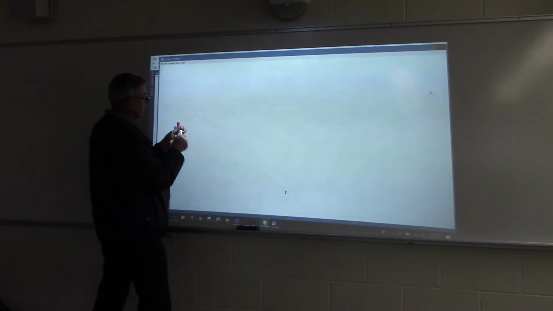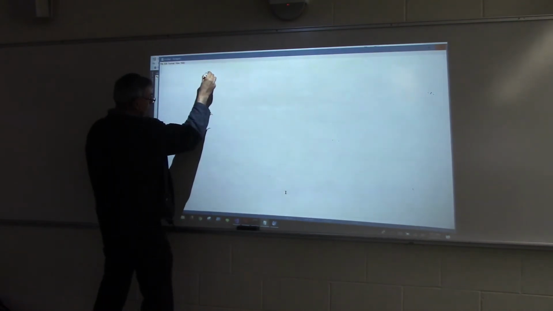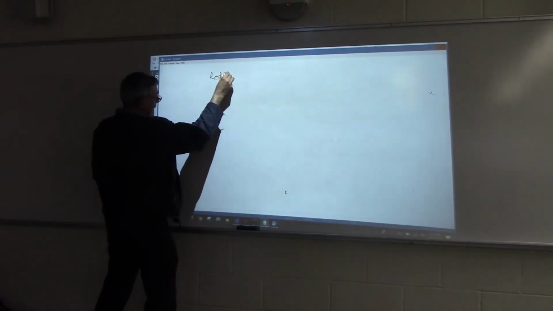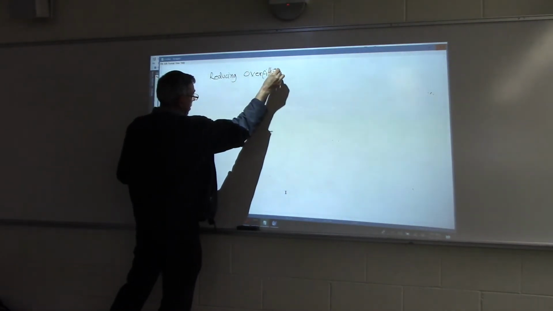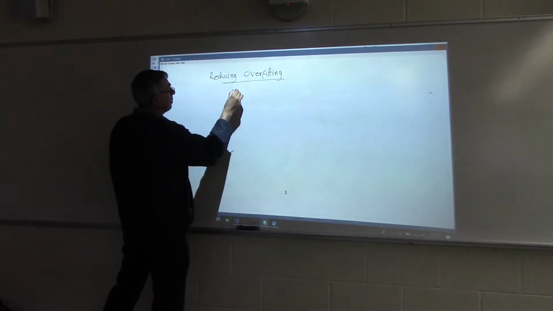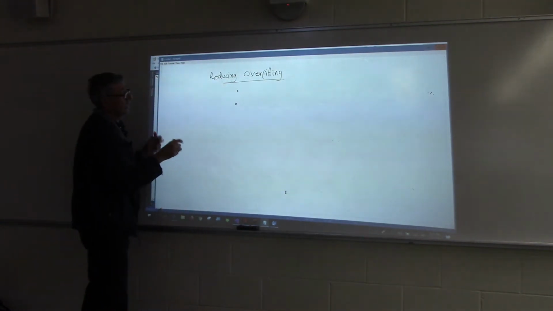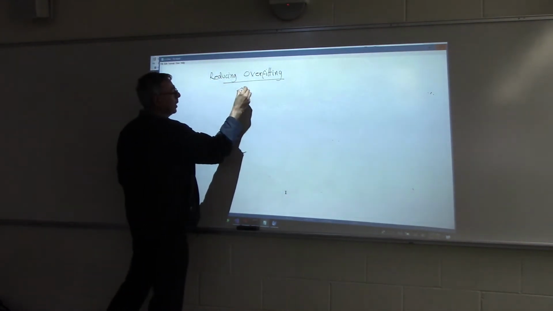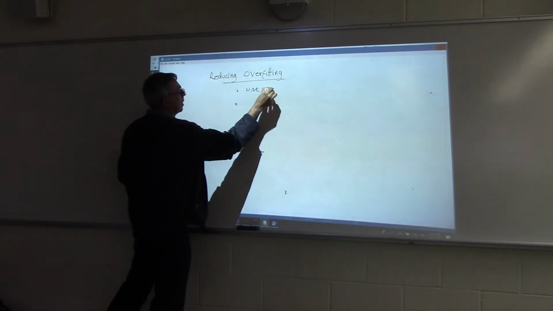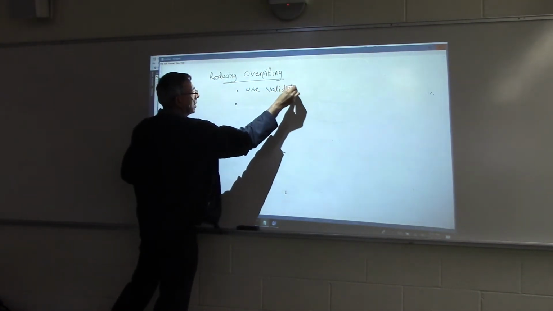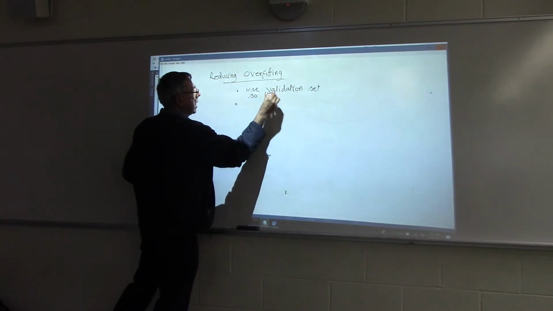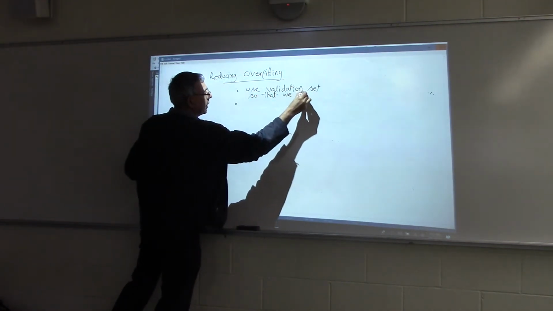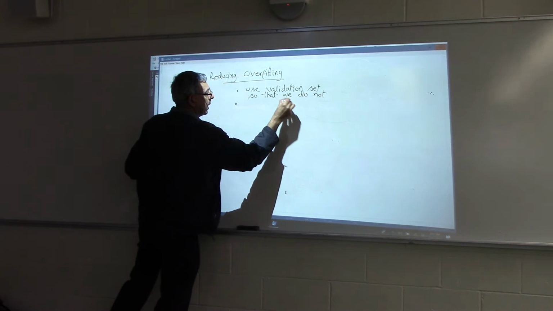Coming back to reducing overfitting, we've talked about two techniques so far. The first technique was to use a validation set so that we do not overtrain.